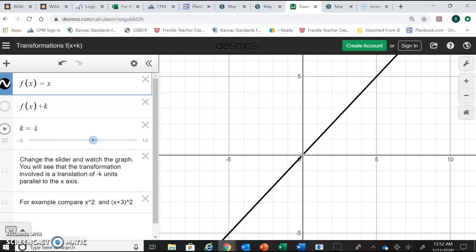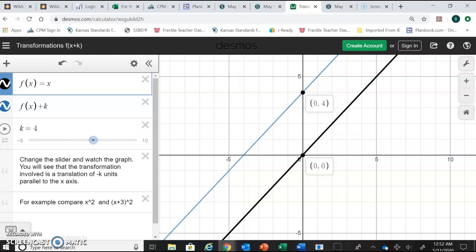But now let's take a look at the transformation that we're going to try to do. So let's say that your transformation is f of x and then plus k, and k is 4. So let's say that it's f of x plus 4. What happens with that? Well, your black line is the original graph of y equals x, f of x equals x, and then it looks like it's moved up 4.